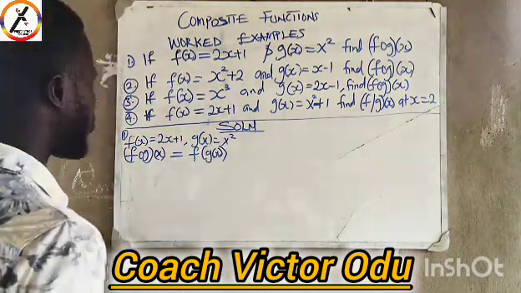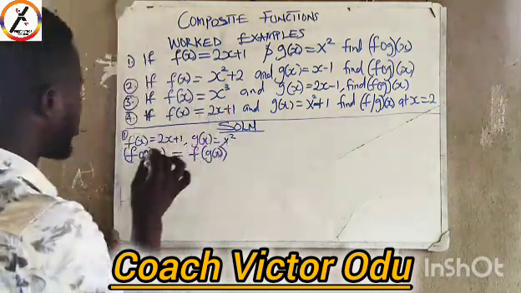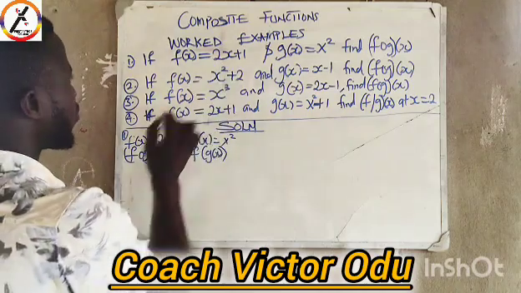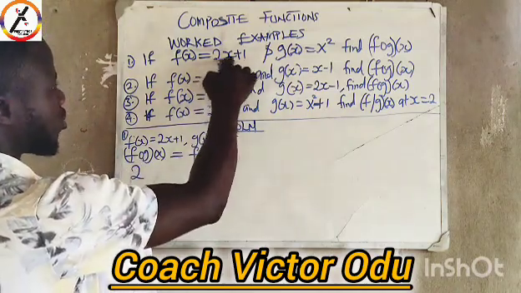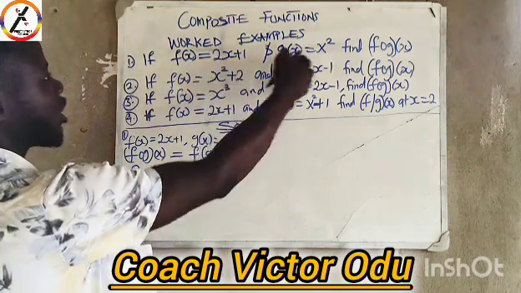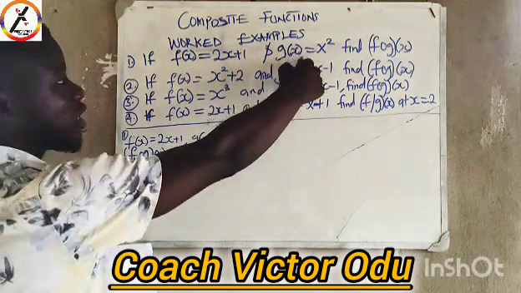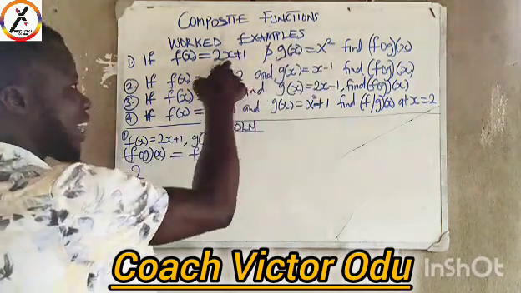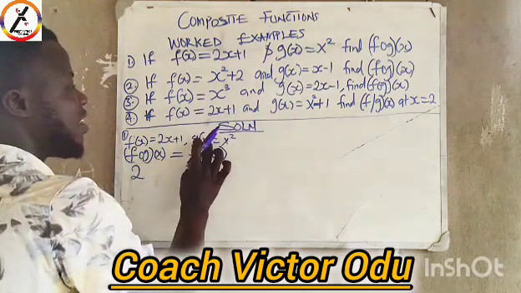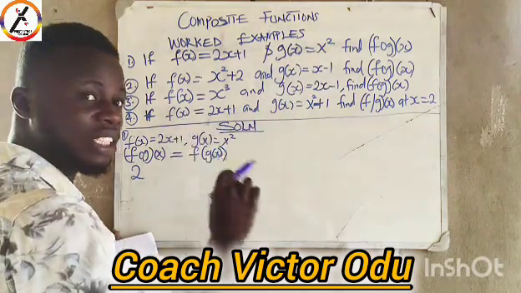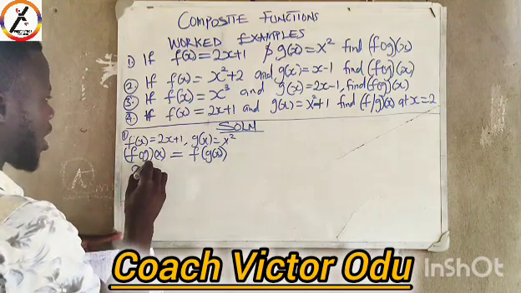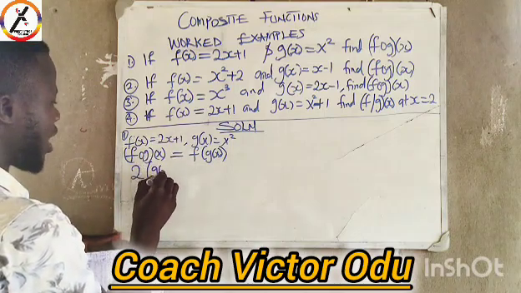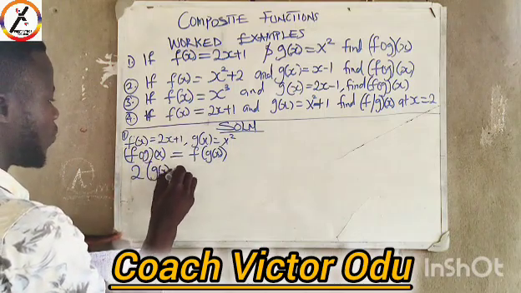So how do we put it all together? This is how we're going to be solving it. We are going to put where x is, 2. This is the equation of x. So wherever you find x, you put this, because it's a function of x. Anywhere you see x, you substitute the value of g of x. So we have 2 times g of x, plus 1.